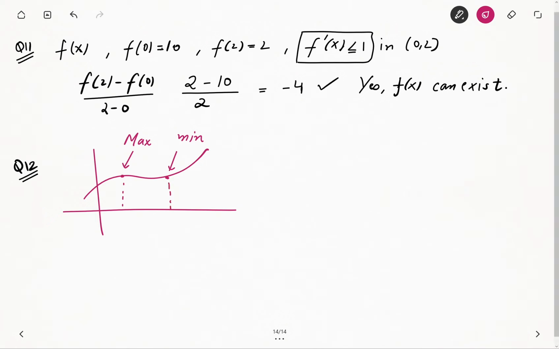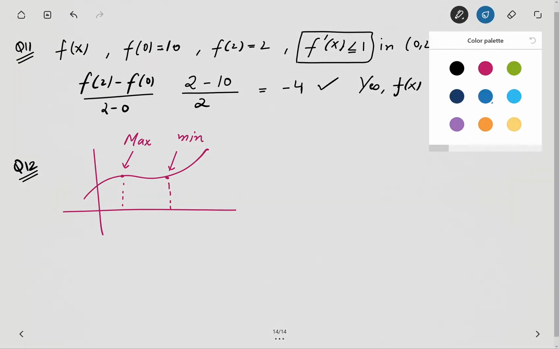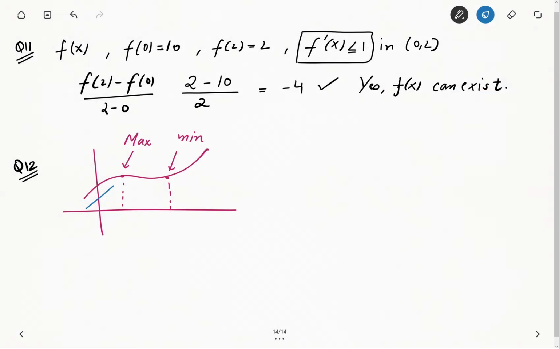Before that point, the function was increasing to get to the max value. After the max, it had to decrease to get to the min, and after the min it started to increase again. So the behavior of the function changes just before and after the critical point, which gives you the maximum and the minimum.